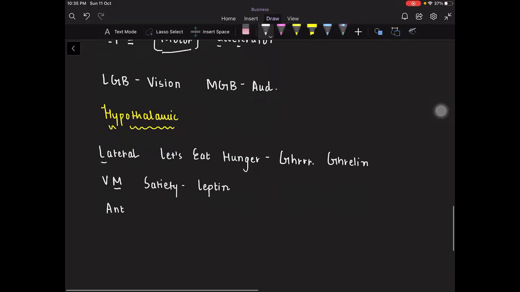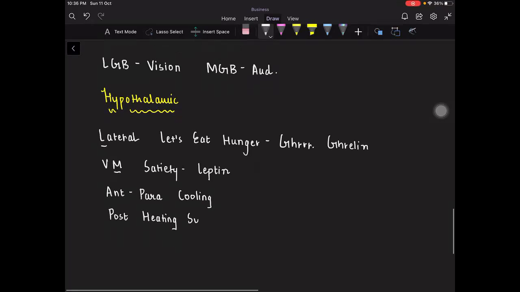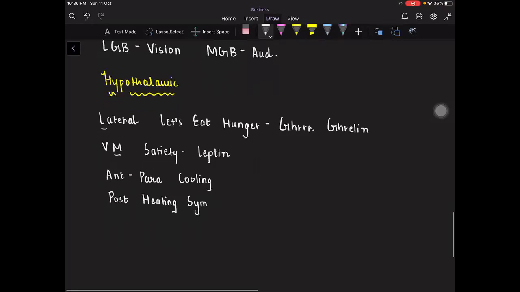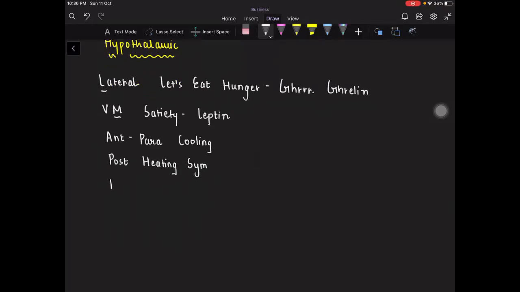Similarly, the anterior nuclei will be responsible for the parasympathetic pathway or cooling. Posterior for heating, sympathetic. Mammillary, we know, is for memory. Right? Suprachiasmatic for anyone?